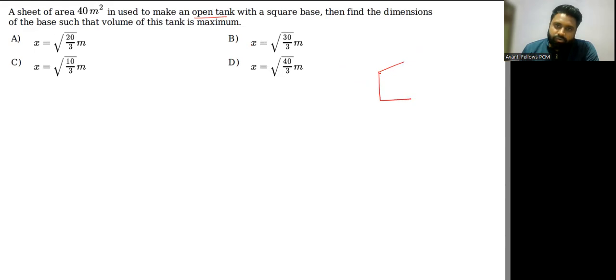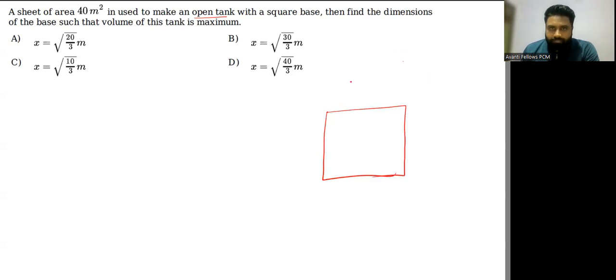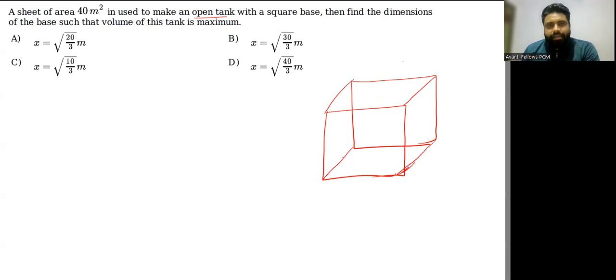So let's say this is the cuboid, the tank that we have to make by this sheet. Let me just draw it again in a bigger view. So this is the tank that we have to make, and this is the base.